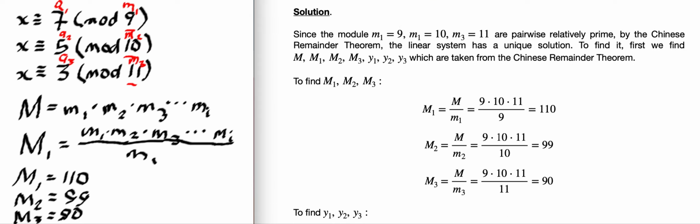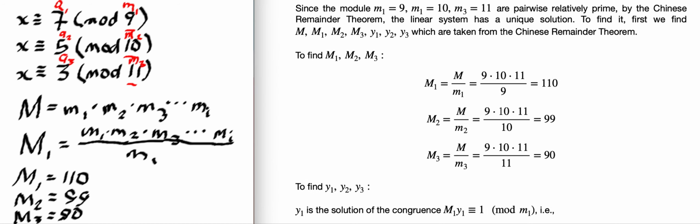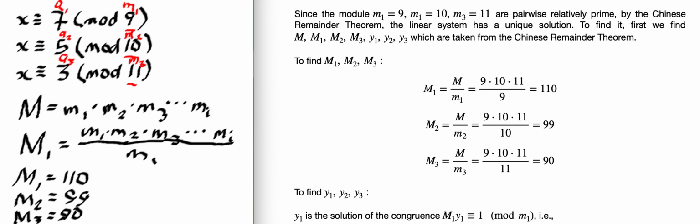Now, we need to move on and find the y sub 1, y sub 2, and y sub 3. When we need to find that, we need to recall that y sub 1 is a solution to the congruence big M sub 1 y sub 1 is congruent to 1 mod m sub 1. So this needs to be a solution of this.